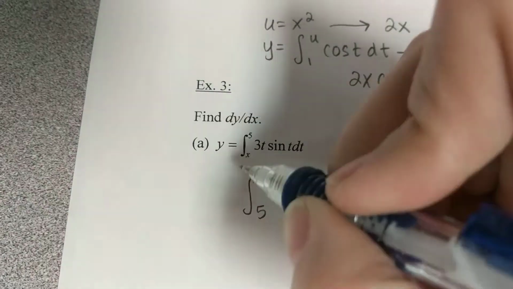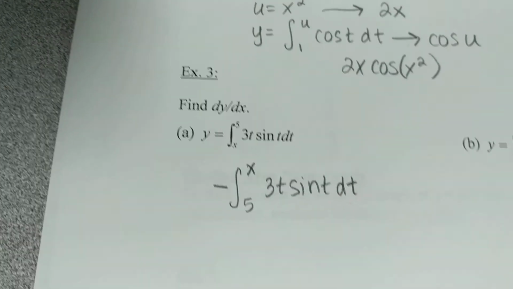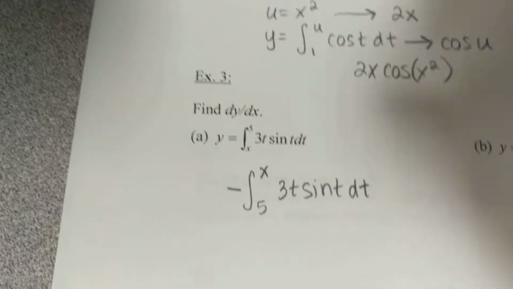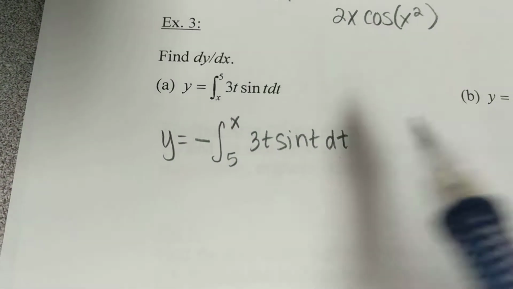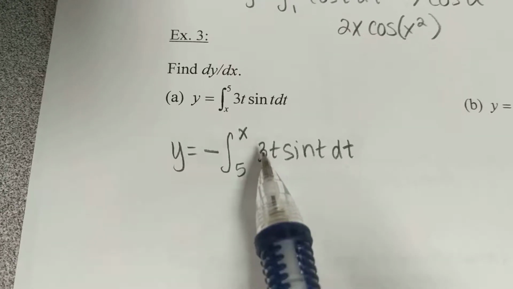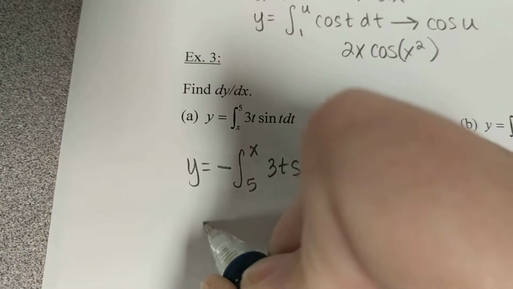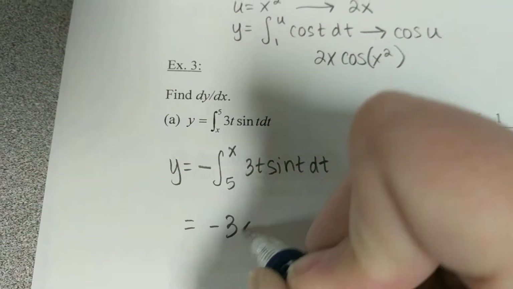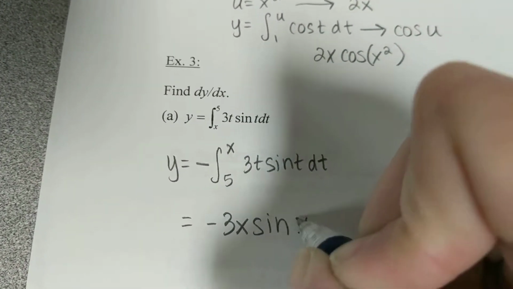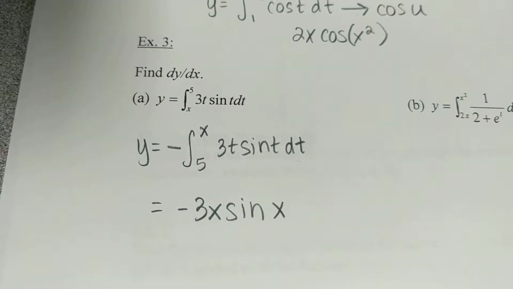But in order to do that, we have to make the integral negative. So now the derivative of an integral is just the function, but this time it is negative. So we would have negative 3x sine of x.